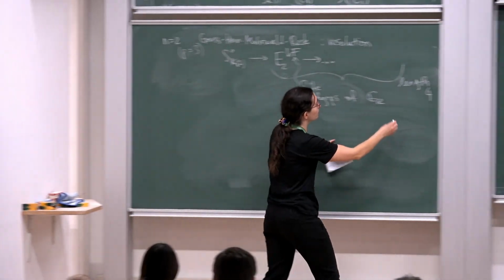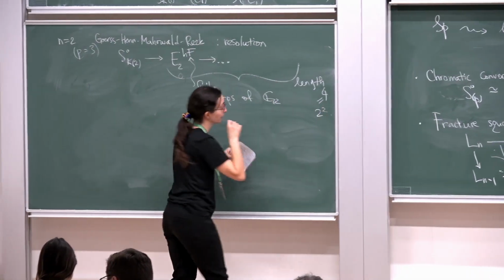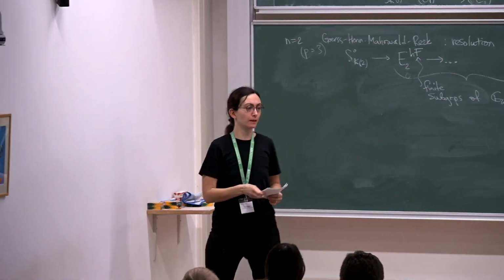So what is 4? 4 is 2 squared, the height squared.